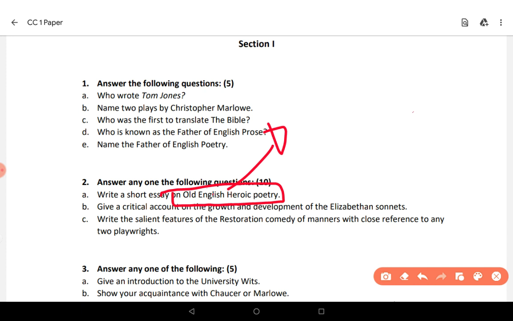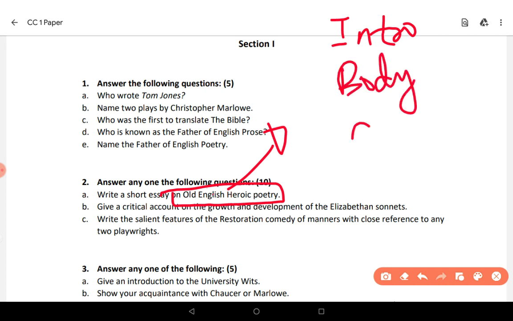सबसे पहले, for every single answer you need to write an introduction लिखिएगा, and then main body, and then conclusion. Introduction usually आपका एक पैराग्राफ का रहेगा.